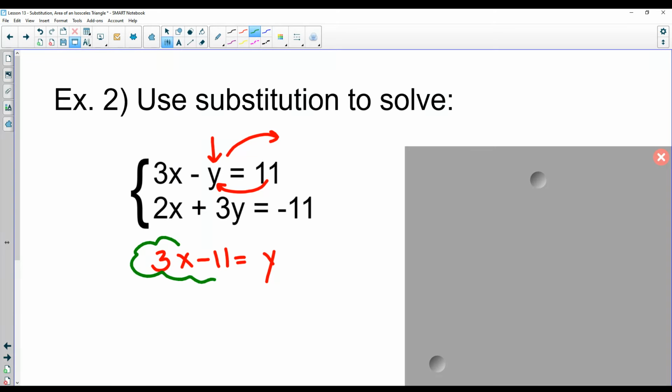Okay, and now we have an expression for y. In that second equation, we're going to substitute anywhere we see a y. So here we go, 2x plus 3, and in parentheses, that's where I'm going to put my y value, 3x minus 11.